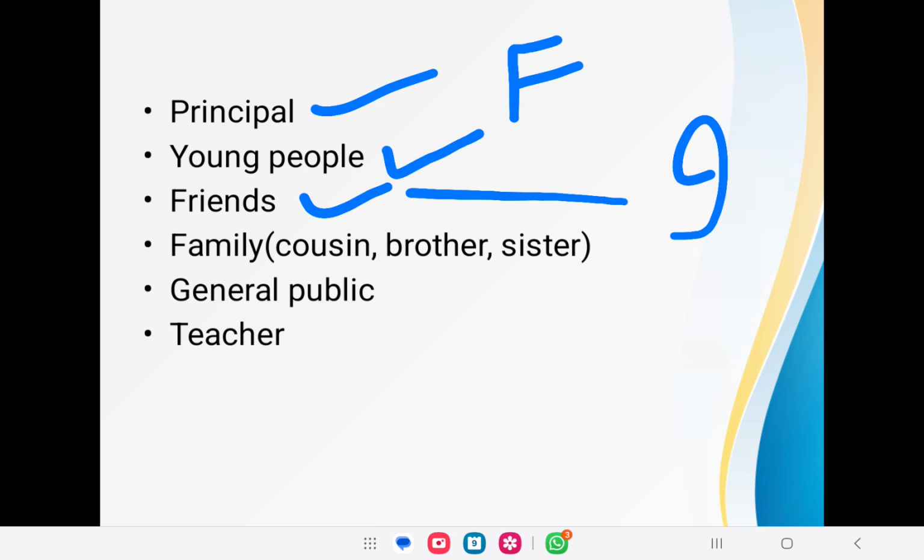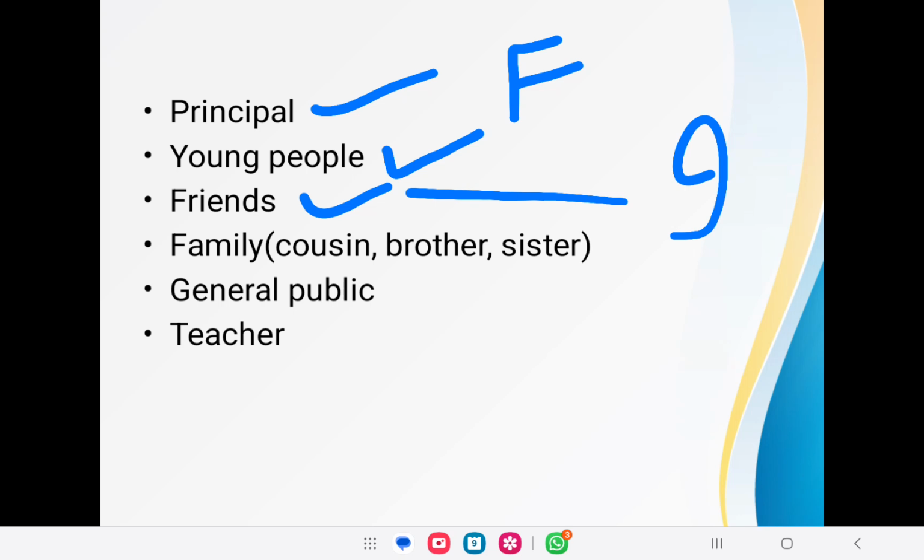They will just give you a question: write a letter to your principal, formal; write a letter to your friend, informal; write a letter to the director, formal; write a letter to your younger brother, informal; write a letter to your boss, formal; write a letter to your sister or your cousin, especially younger ones, informal.